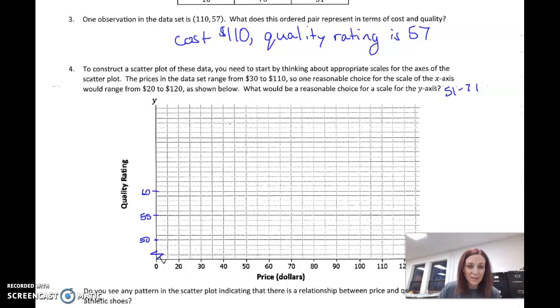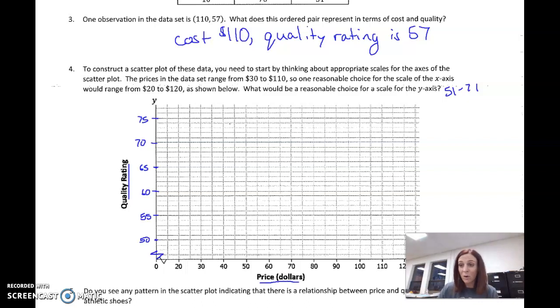And then that's 60. Hopefully I didn't go too many there. Then 65, 70, 75. Okay, all right. So our price is our X values, our quality is our Y values.